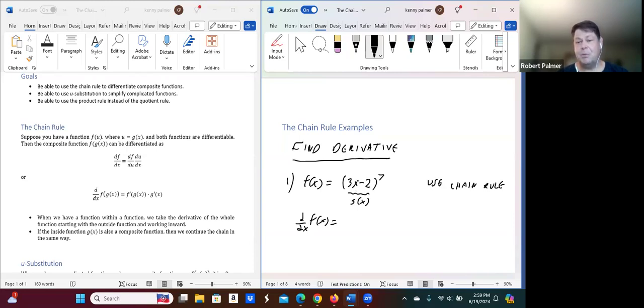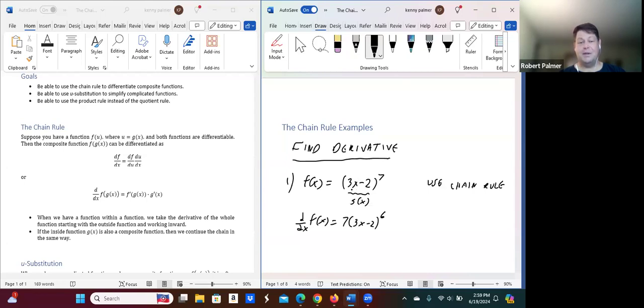Remember what that means. It's just like x to the 7th, so that would be 7 out front. Then this thing right here, 3x minus 2, and you reduce the power by 1, to 6. That's the first part of the derivative, essentially the derivative of the outside function.